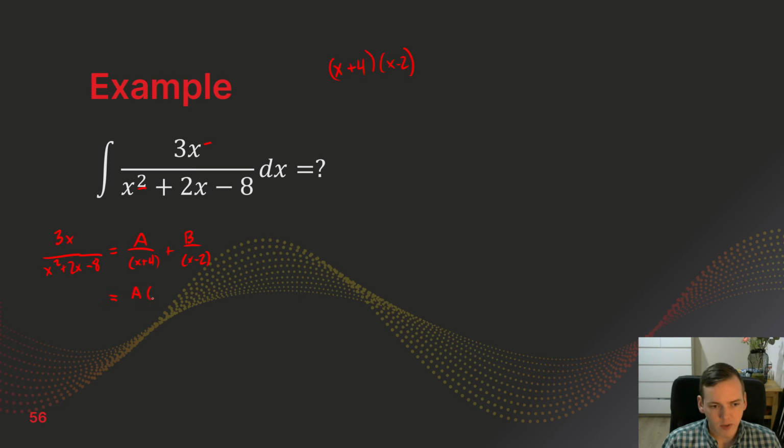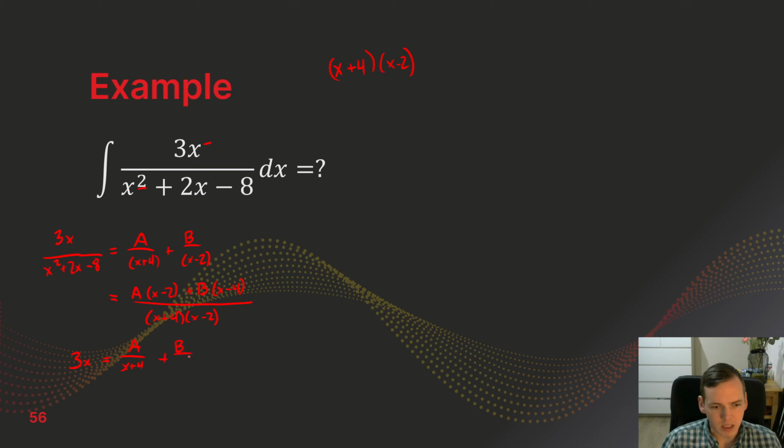If we find the common denominator, that's going to be A times x minus 2 plus B times x plus 4, all over x plus 4 times x minus 2. Now we know that this x plus 4 times x minus 2 was factored from the denominator on the left side, so those are equal and they can be canceled out.